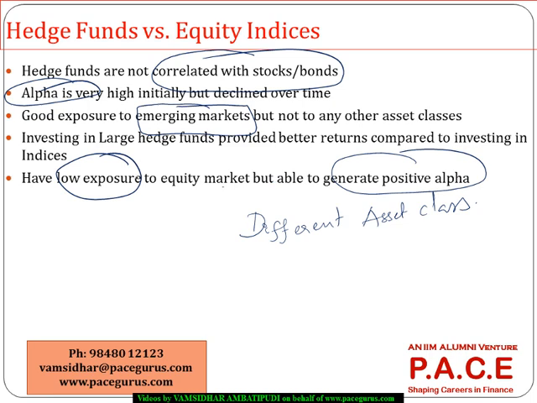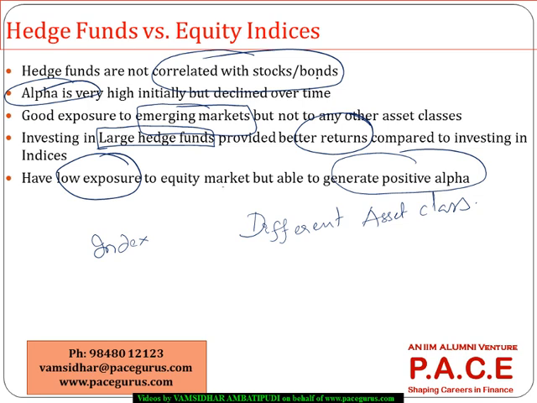And also, one more research point that has come out is, compared to the hedge fund index, investing in the large hedge funds, one or a few high-sized hedge funds, has provided a much better return than investing in the index altogether.